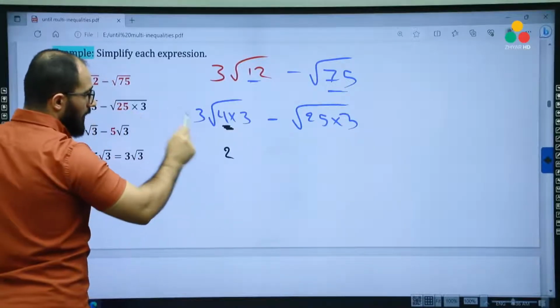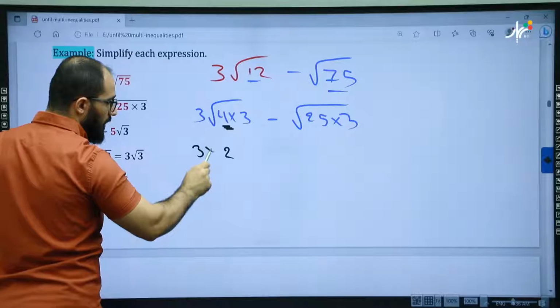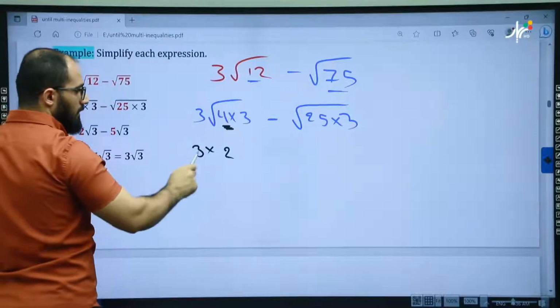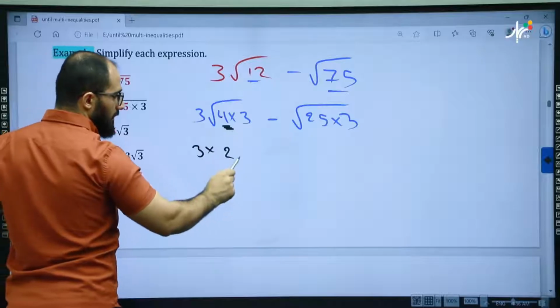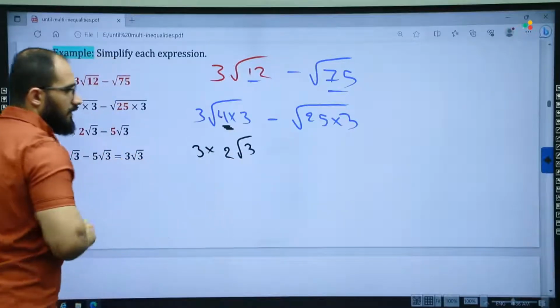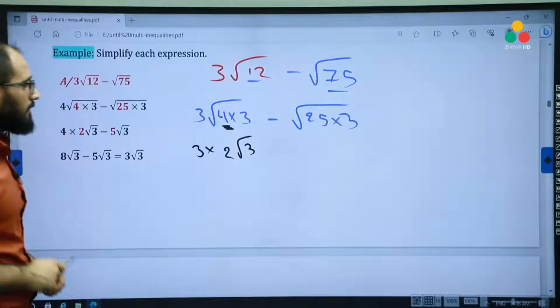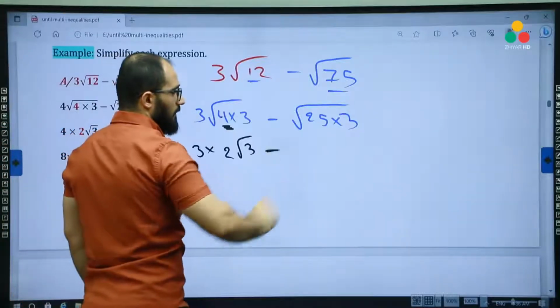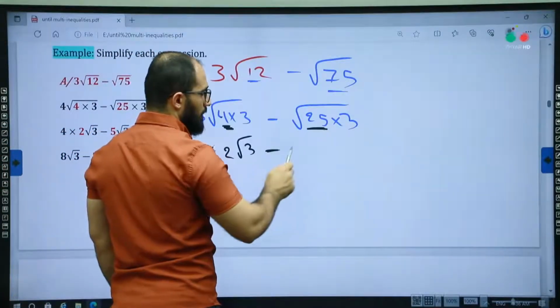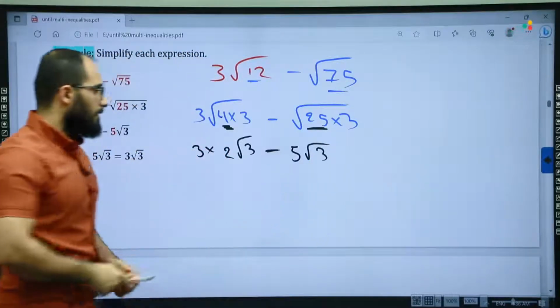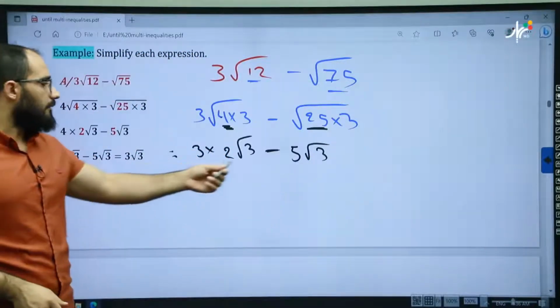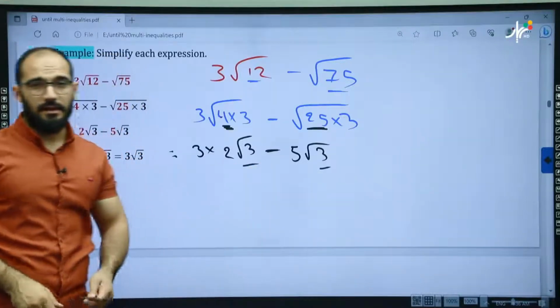But remember, we have 3 in front of it, so multiply. 3 times the square root of 4, which is 2, times 3 stays under the square root. Then minus the square root of 25, which is 5, and the 3 stays under the square root. If you look at the radicands, they are the same.